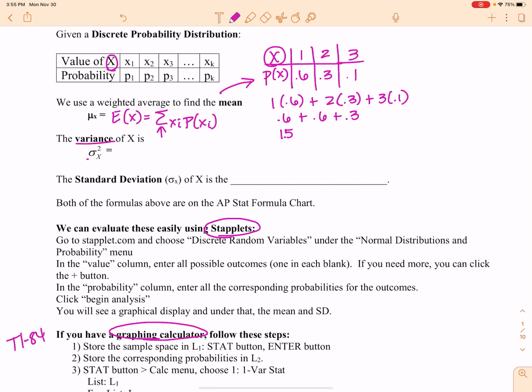Okay, so we need to talk about the variance of X. The variance of X is just the sum of the differences between all of your outcomes and the mean squared times the probability of each of these. Now, the variance is just basically the standard deviation squared, because the standard deviation is this symbol right here. That is little sigma from the Greek alphabet.